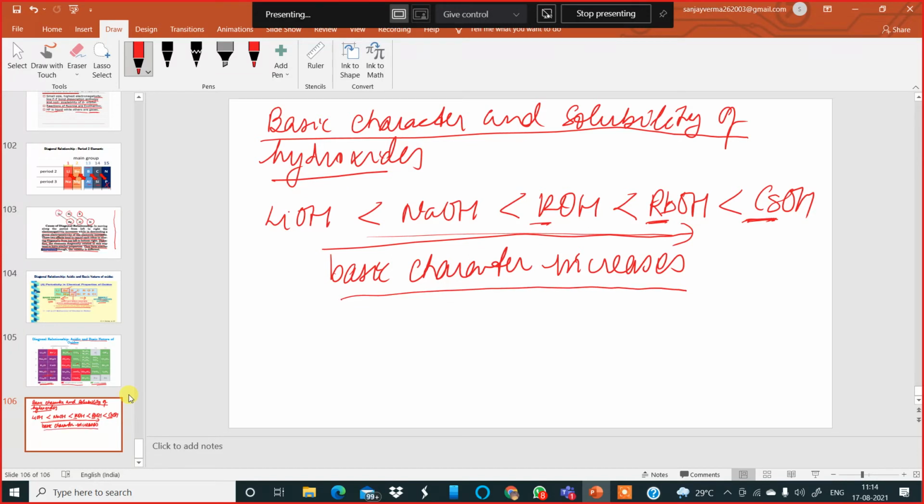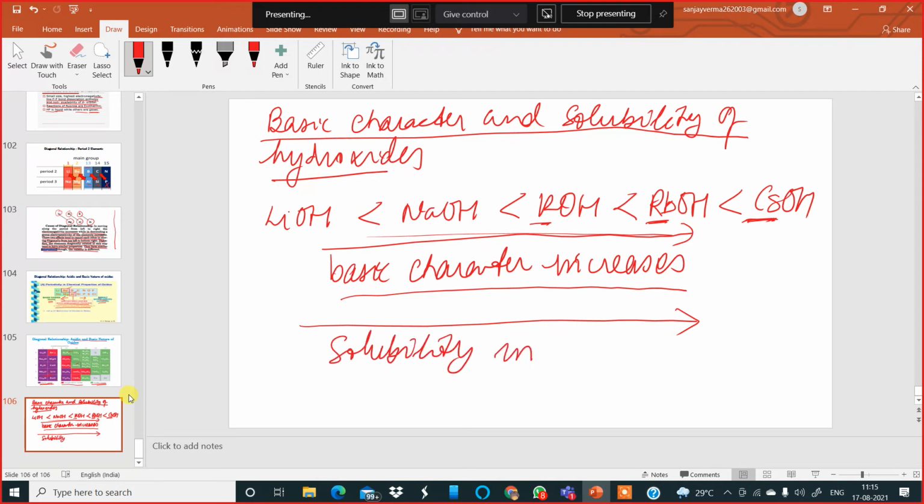Now, if you look at the solubility, the metallic character is increasing, so in a similar way for these hydroxides, if you move from left to right, from lithium hydroxide towards cesium hydroxide, the solubility also increases.